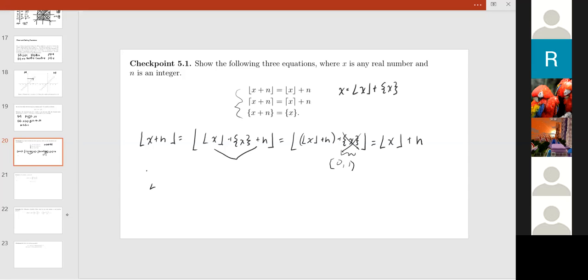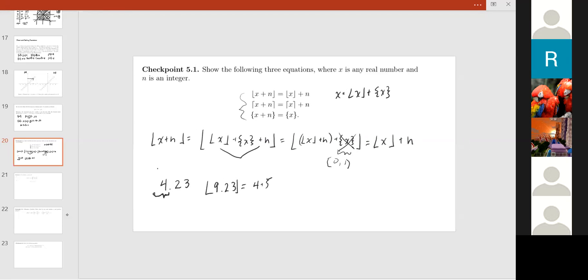For example, if you set x as 4.23, when you add an integer, it's just going to change the part before the decimal place. So let's just take n equal to 5. For the first one, we have 9.23, and the floor of x is 4. So we have the floor of 9.23 is equal to 4 plus 5, and this is true because this is 9.